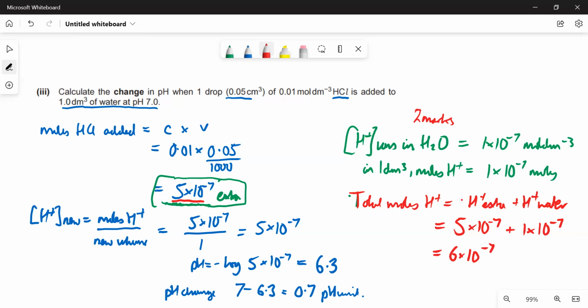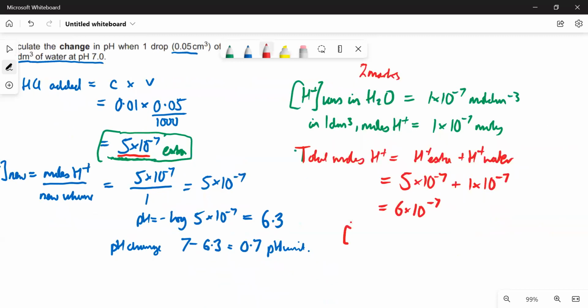So what's the concentration of H+? Well, that's in 1 dm³. So the new H+ concentration is equal to 6 times 10 to the minus 7 mole per dm³. So the pH, take the minus log of that.